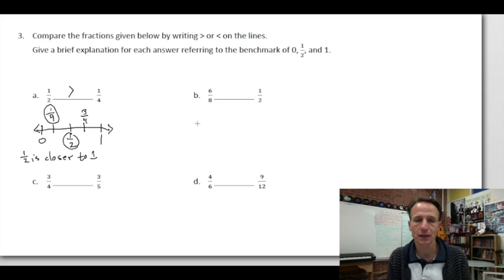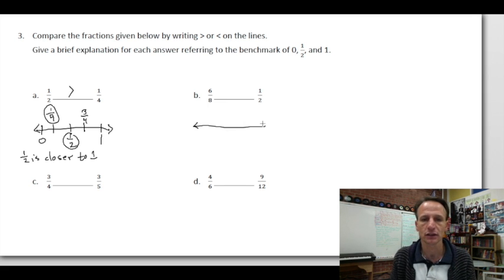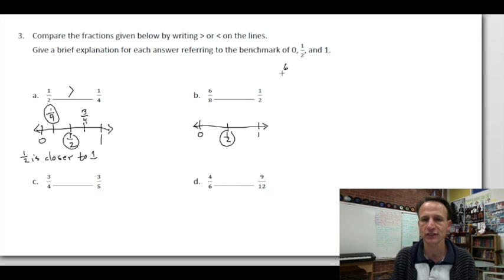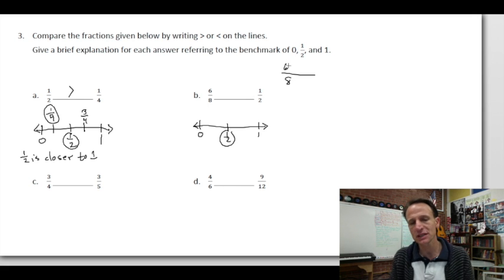So now let's look at B, and let's make another very simple number line here. 0, 1/2, 1. Well, 1/2 is already there, great. And now looking for 6/8, let's think about 6/8. Do you notice we can simplify this? When you have two even numbers in a fraction, you can always simplify it, right?